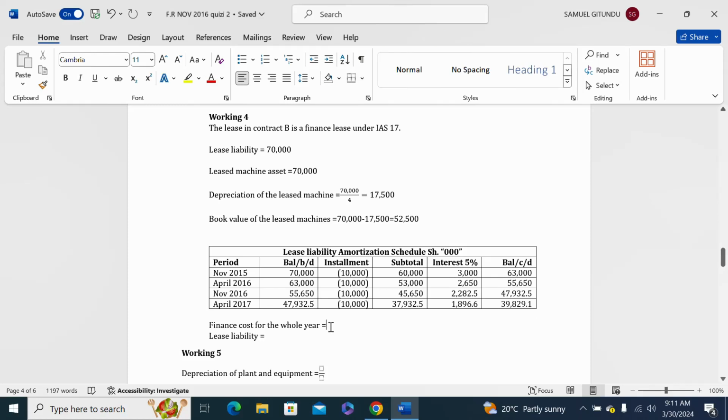We earned 3 million, we add 2,650,000, and if we do that, we are getting the total finance cost for the whole year as 5,650,000.